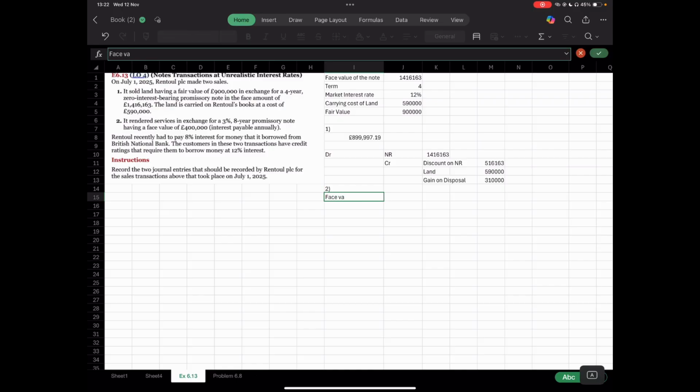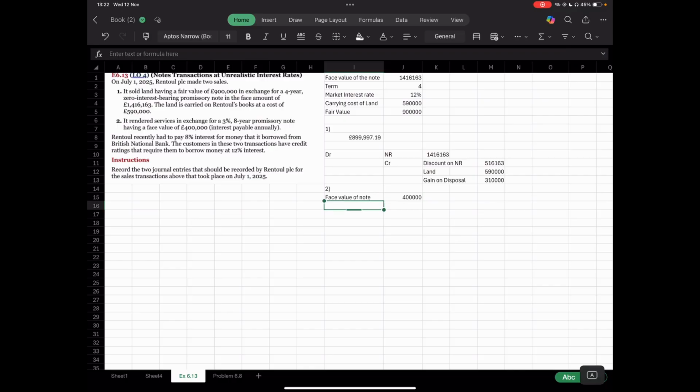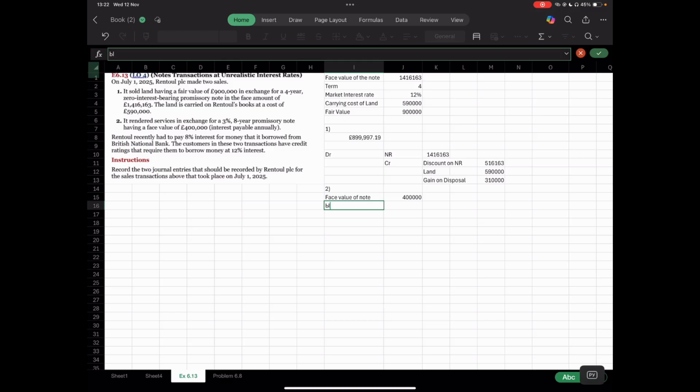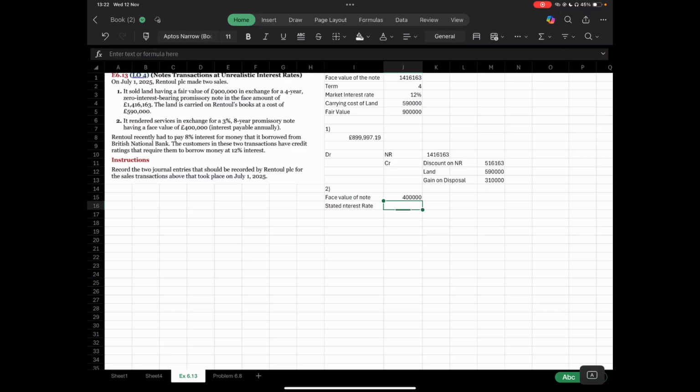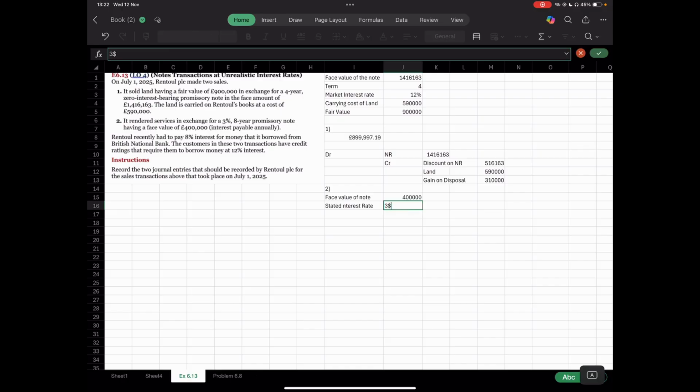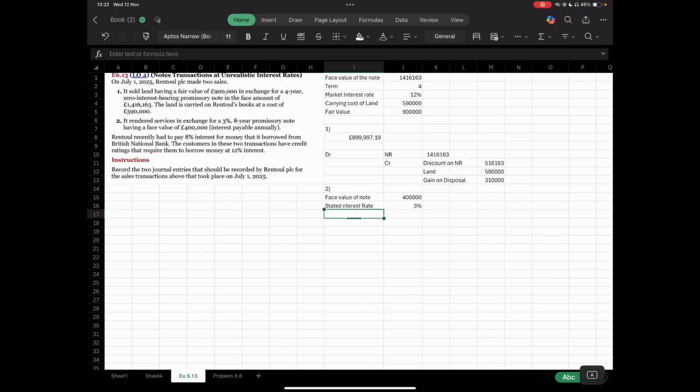Face value of the note, interest rate that is stated, sorry, in the text, 3%, cash interest.